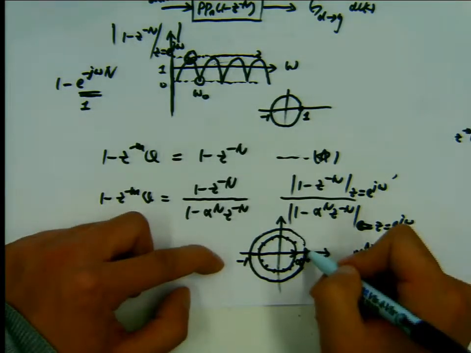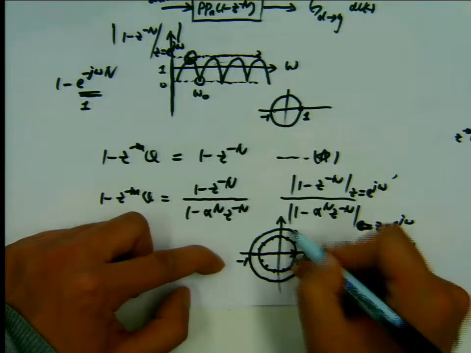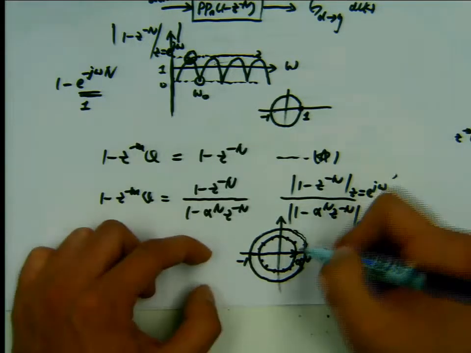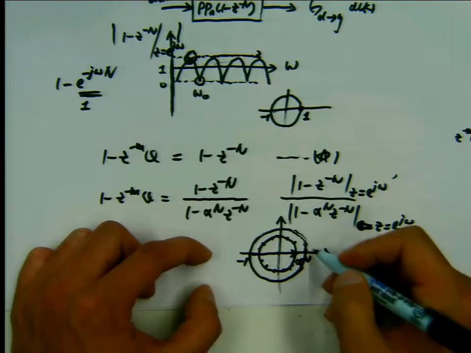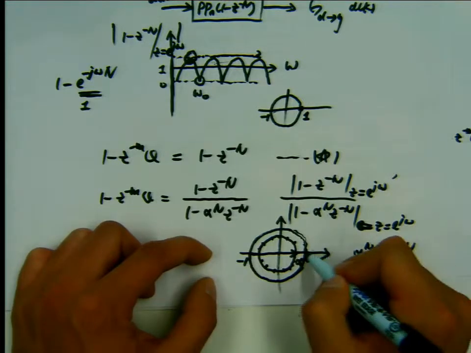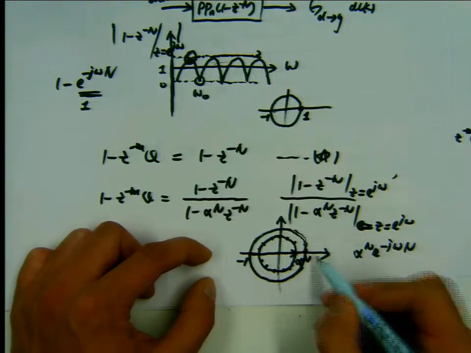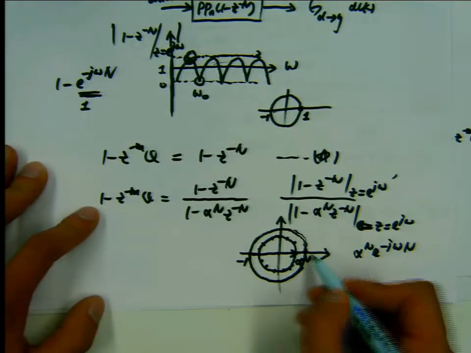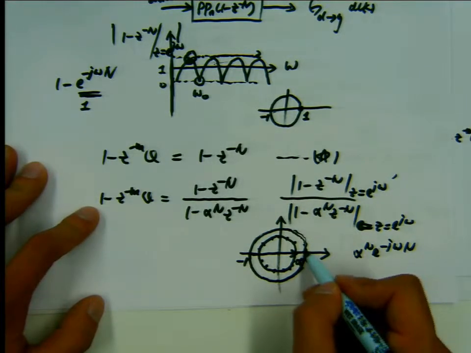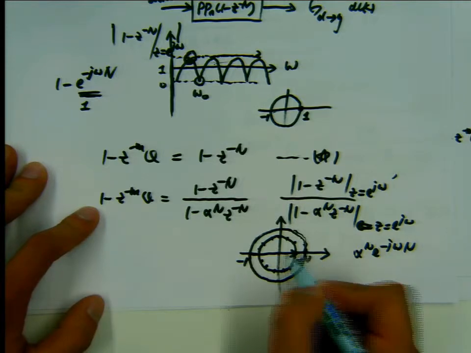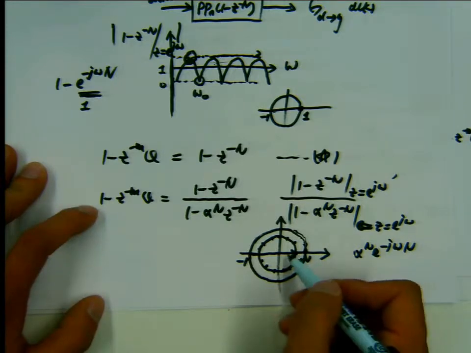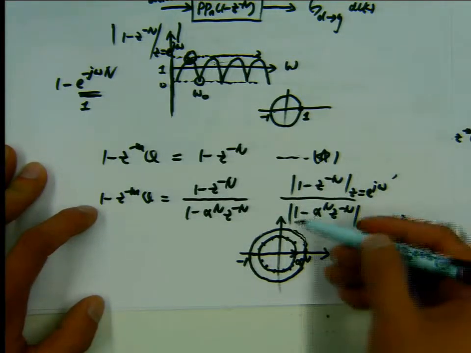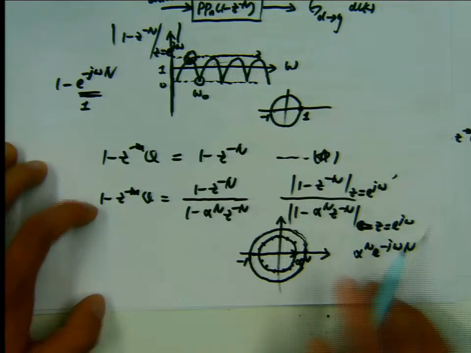So I'm evaluating here on this guy. And then here, I am evaluating, the picture is too small, 1 minus this guy. So what will be now the case of maximum frequency response? What will be now the maximum magnitude for the frequency response here?